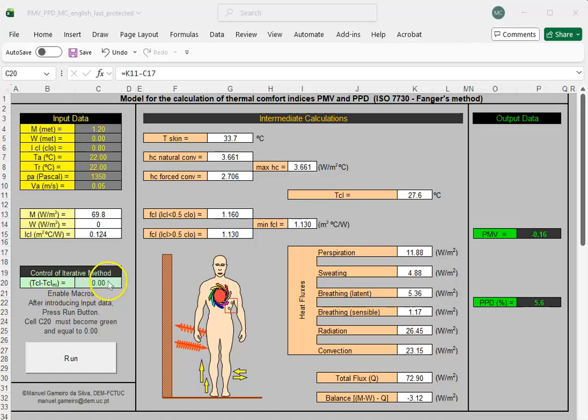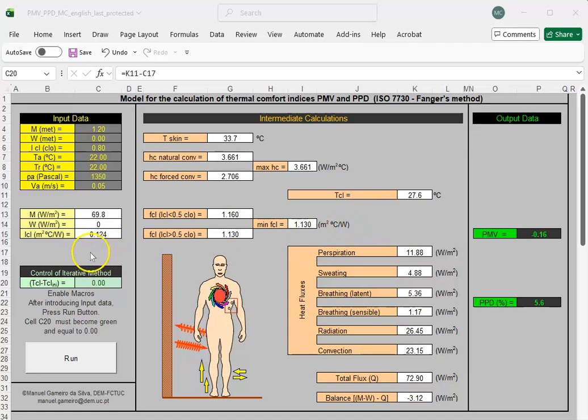So the calculation is considered finalized in case the difference between the value of the temperature of clothing that we have displayed here and our initial guess for it is 0.